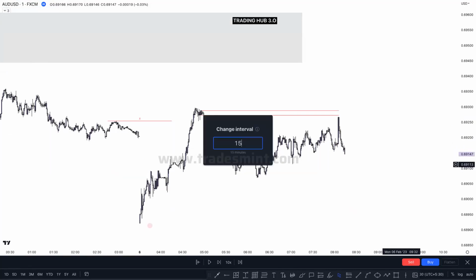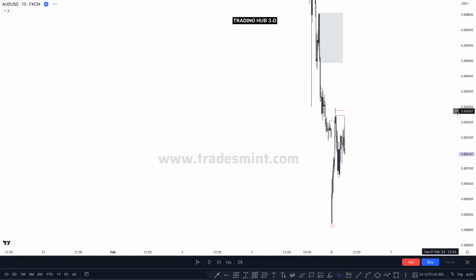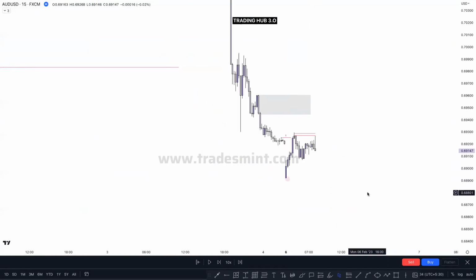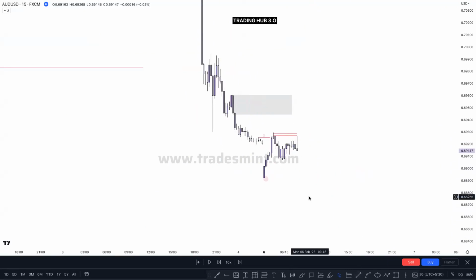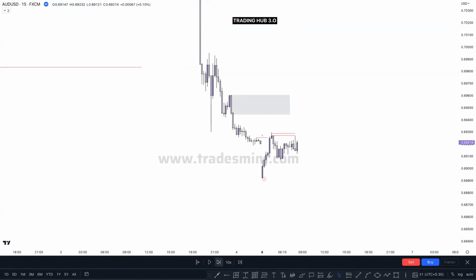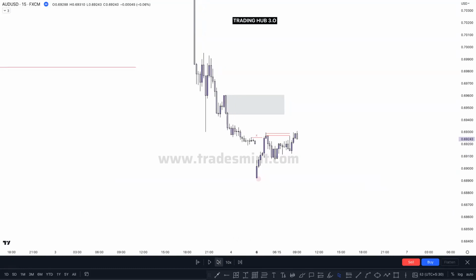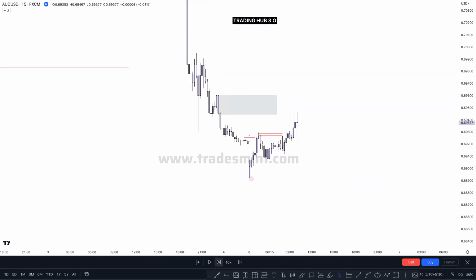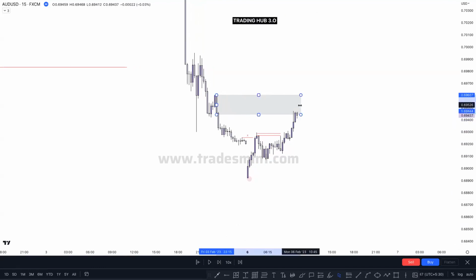Now switch again here to the 15-minute time frame. And let's see. You have to wait for the market to mitigate your POI zone, right? So this one is your POI. Once market taps on your 15-minute POI, then you can sell here based on a 1 minute time frame, based on lower time frame confirmation.